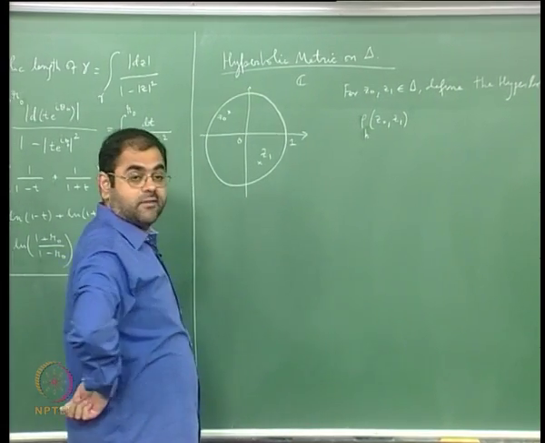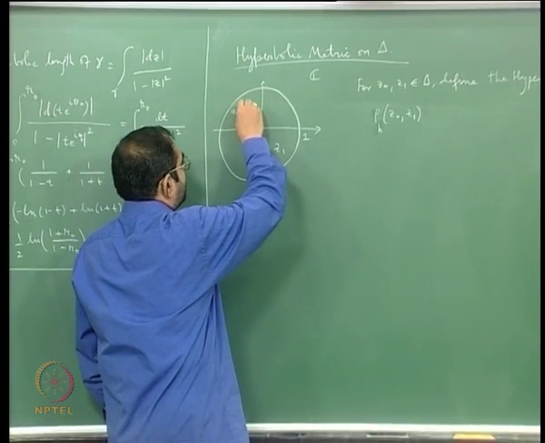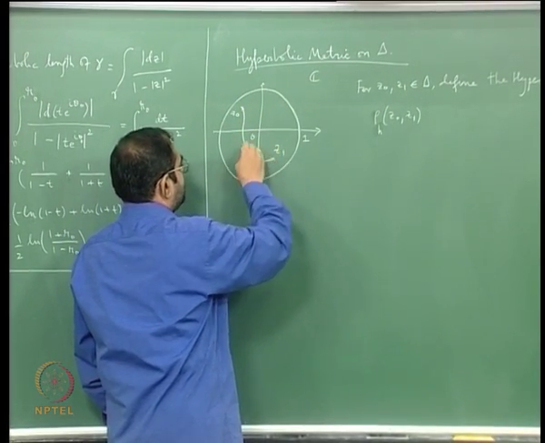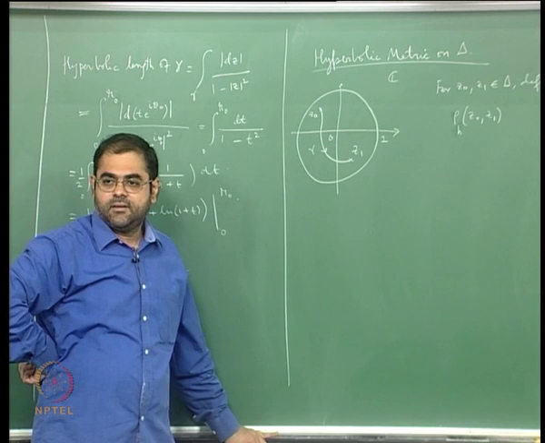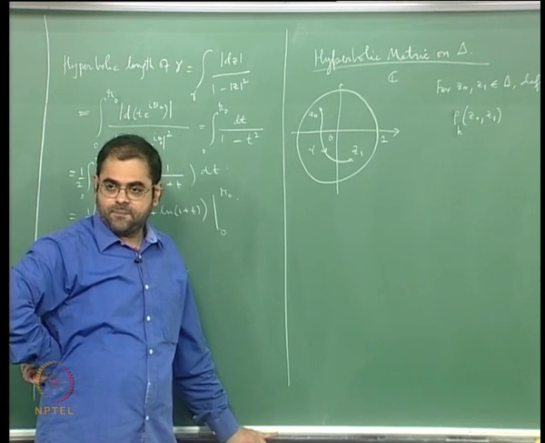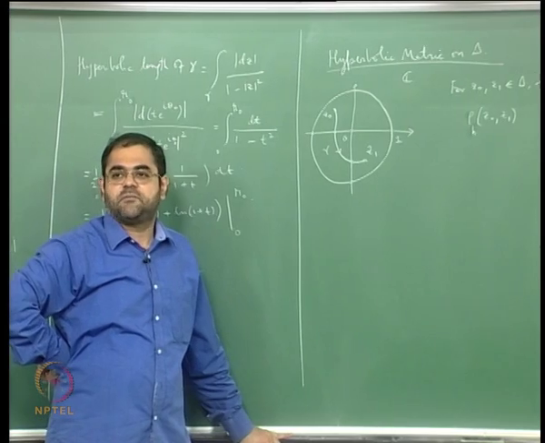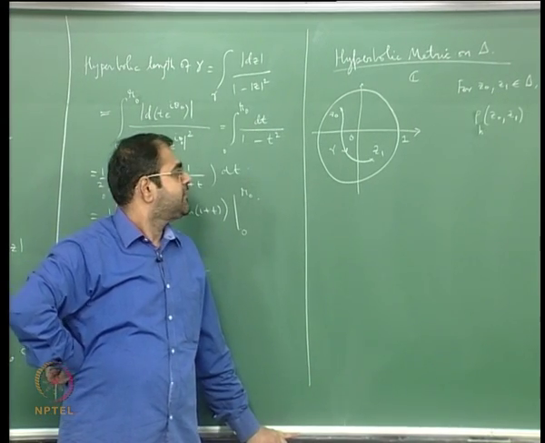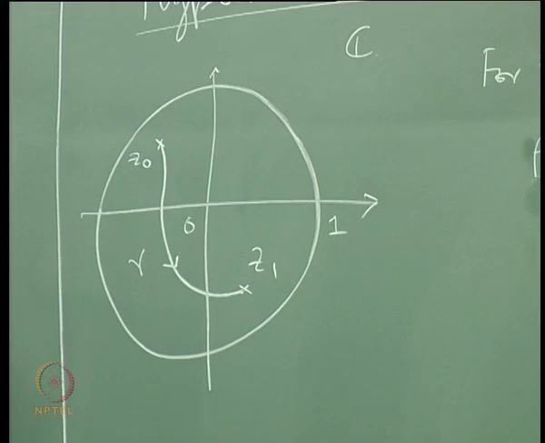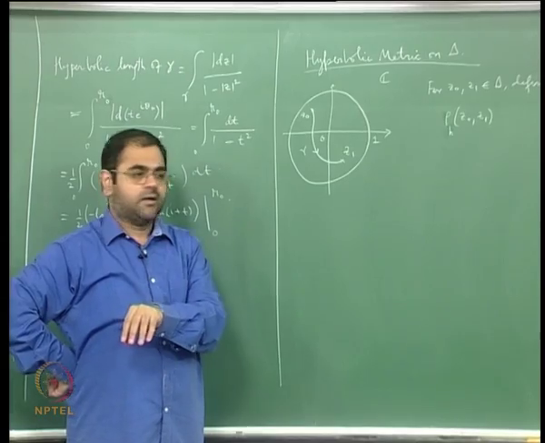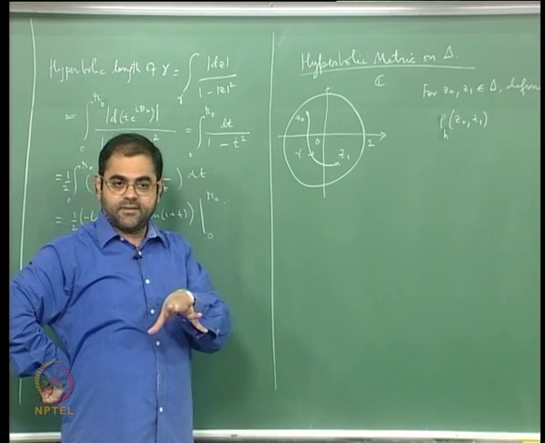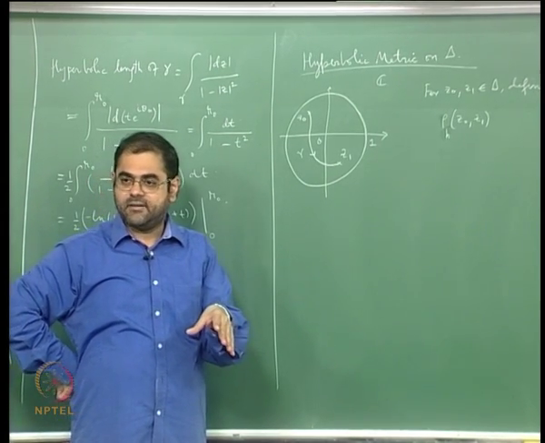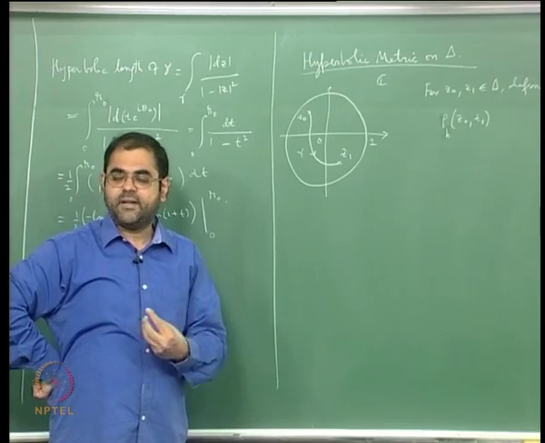And what I do is the following: simply join from z0 to z1, you choose any path, contour, measure its hyperbolic length and then minimize over all such possible paths. So the hyperbolic distance from z0 to z1 is the least of hyperbolic lengths of paths from z0 to z1. Various paths from z0 to z1 inside the unit disk, you measure their hyperbolic lengths and then you take the minimum, you take the infimum in fact.